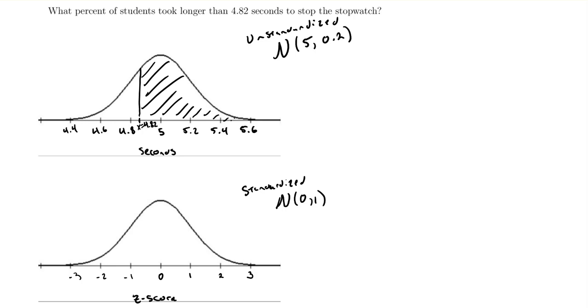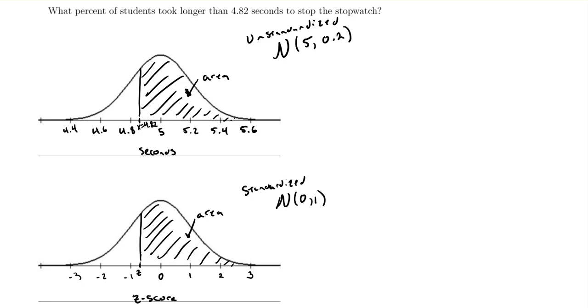To answer this question, because we want to find what this area is, we are going to go to our standardized picture because we don't have an unstandardized table for stopwatch values. We do have a standardized z-score table. So we need to start by finding the z-score for 4.82 seconds before we can go to that table to find this area.